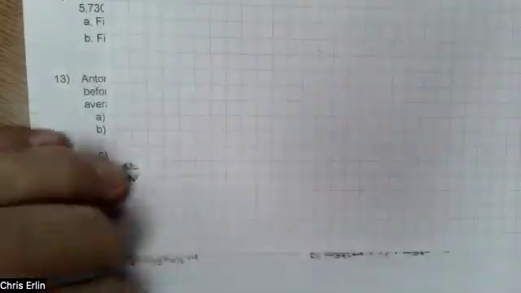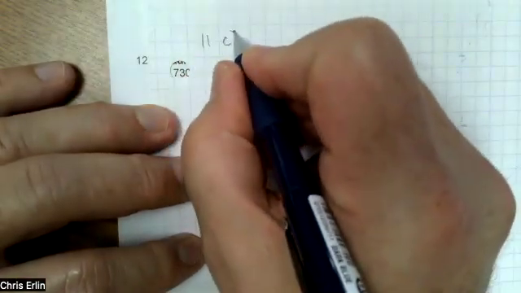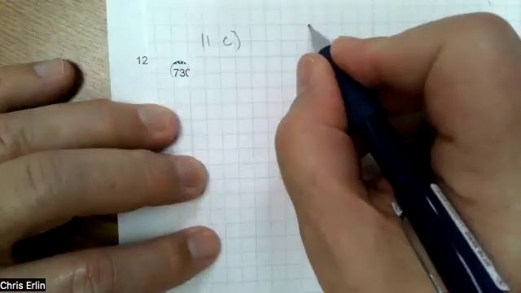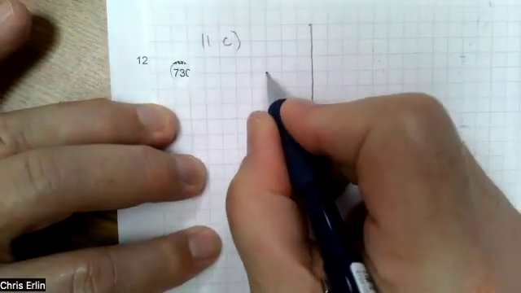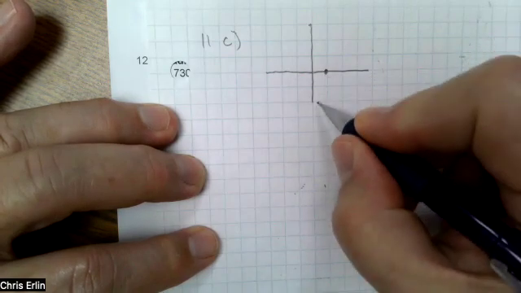Pretty challenging one. Okay, let's go to 11c, a log that is transformed. We're graphing again. We know that typically the parent function of a log goes through this point 1, 0.